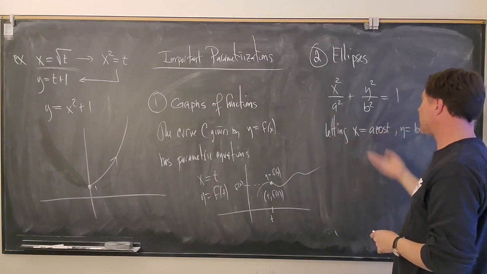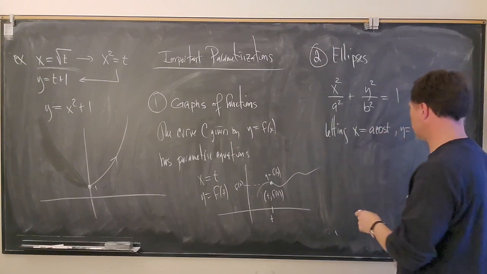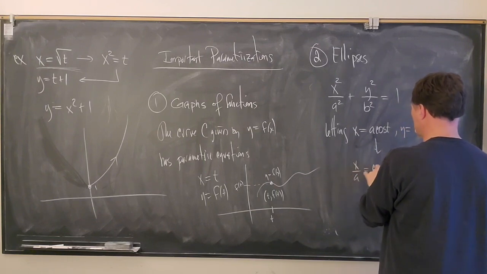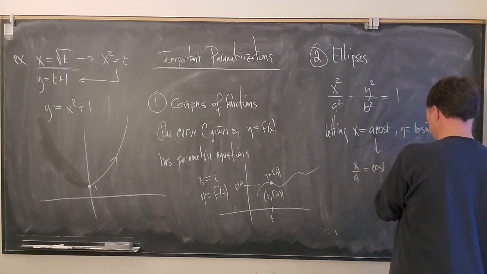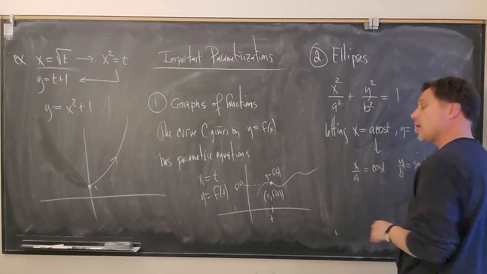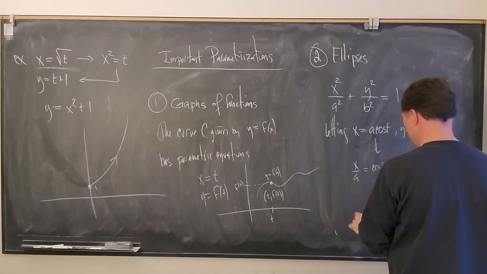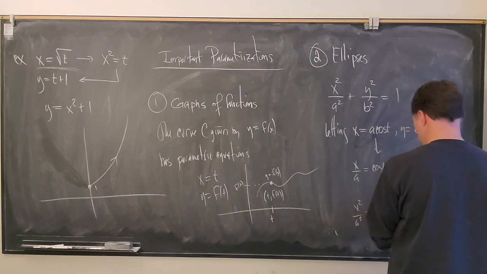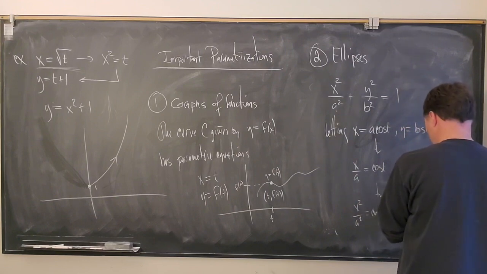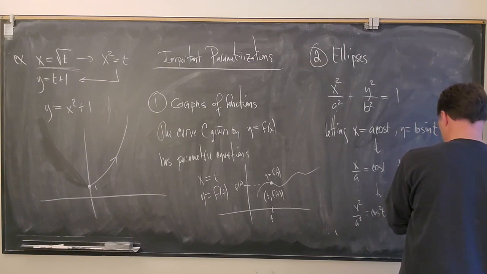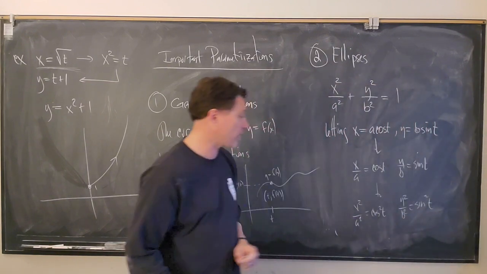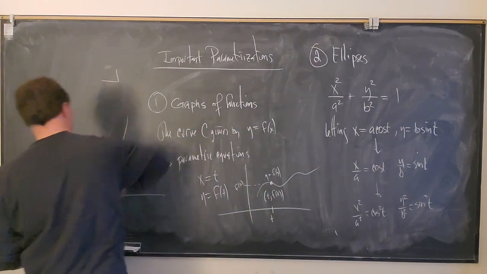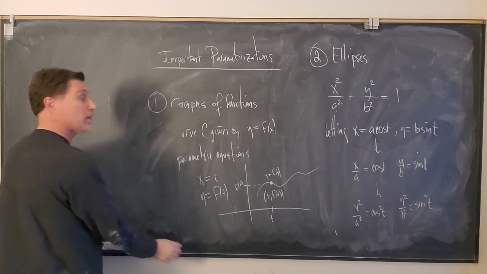Notice that by substitution, let's actually do the math here. If you divide, you get x over a equals cosine t, and y over b equals sine t. Square both. You get x squared over a squared equals cosine squared t, and y squared over b squared equals sine squared t. Now, if you add these two together, what do you get? Well, we know that cosine squared plus sine squared equals 1.